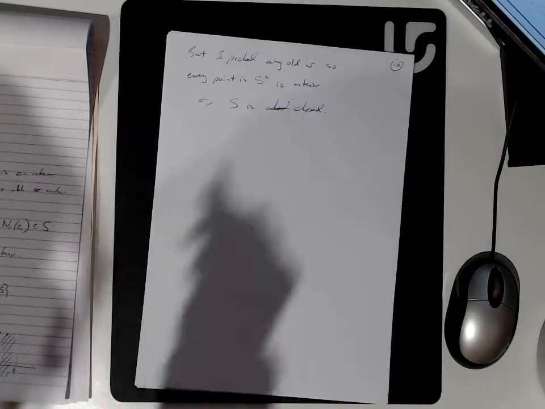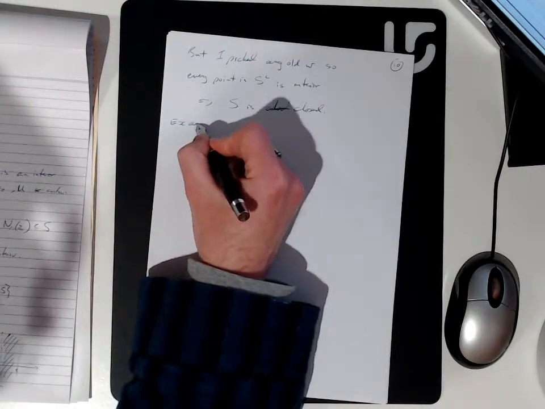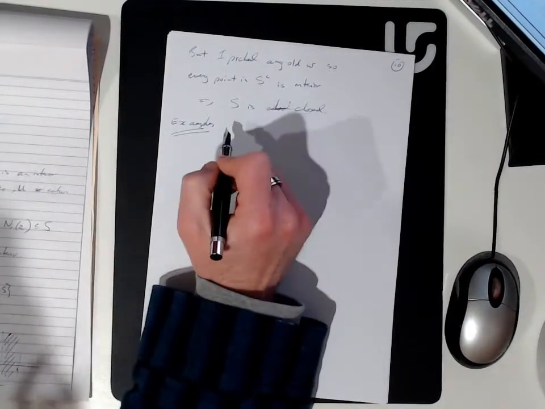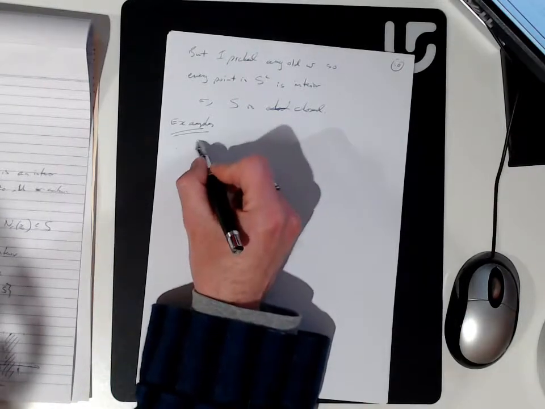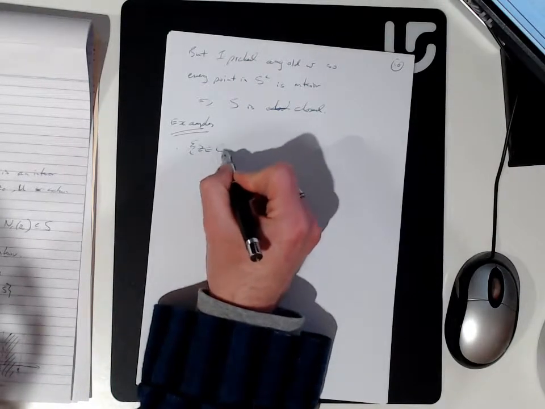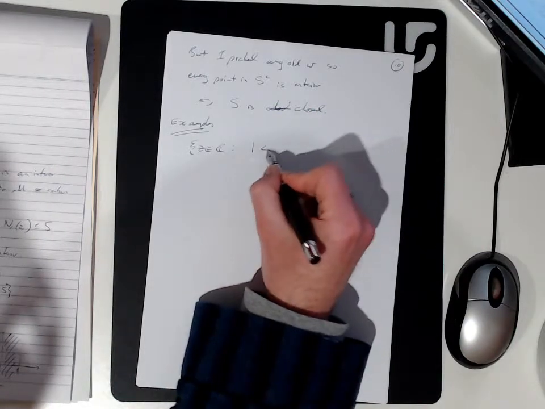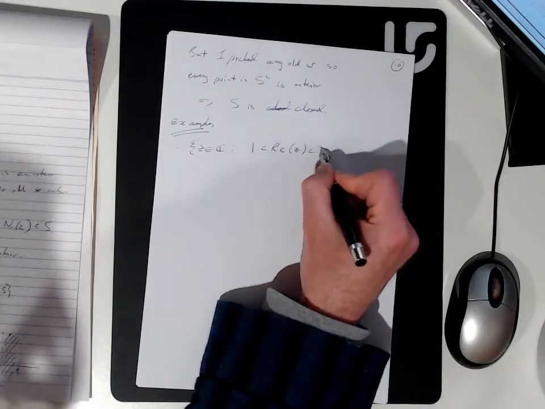Okay, so more examples. I won't go into so much detail proving these, and hopefully you've seen roughly how you can do it. z in the complex numbers so that the real part of z is greater than 1 and less than 2.